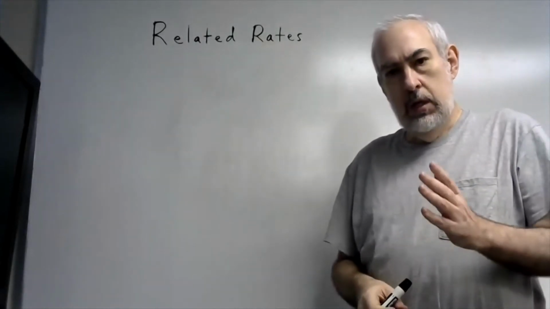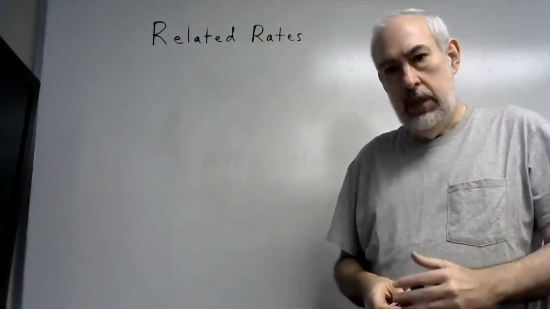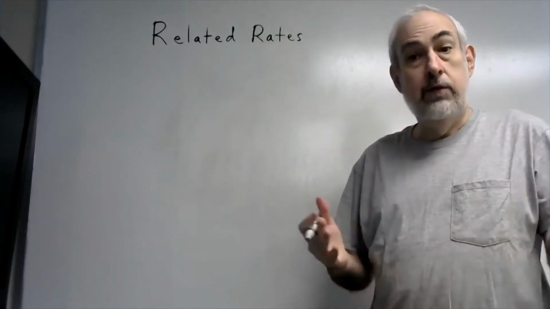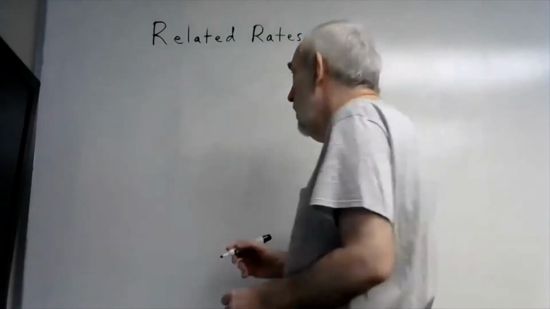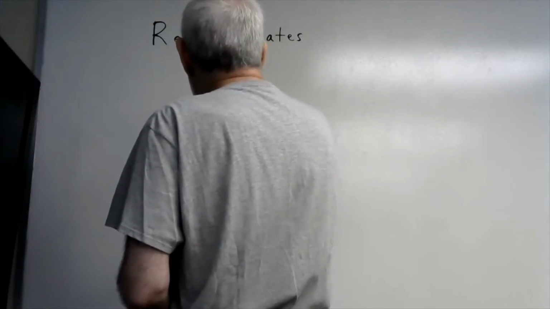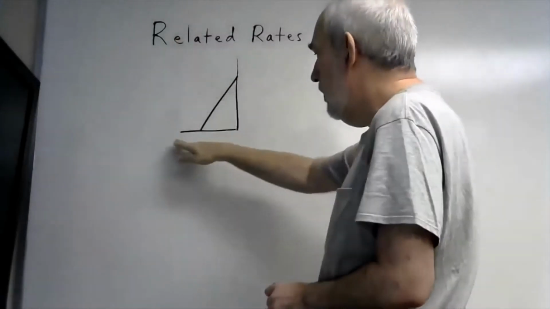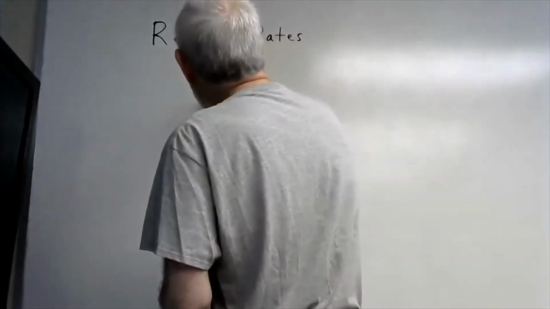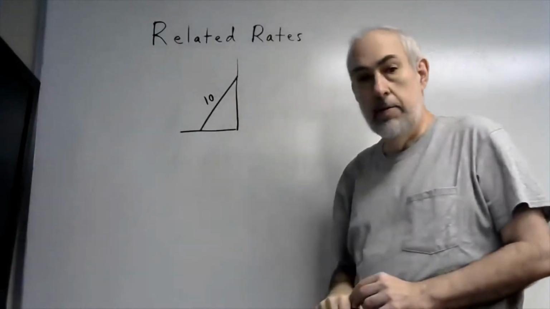Let's say that we have a ladder. It's leaning against a wall, and we know the length of the ladder. Let's say it's 10 foot long. So you might want to start drawing a picture. So here's my wall, here's the ground, and here's my ladder. And they said the ladder was 10 foot long. Let's just put a 10 there.